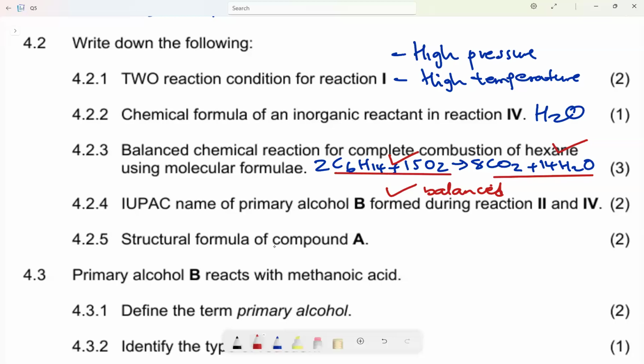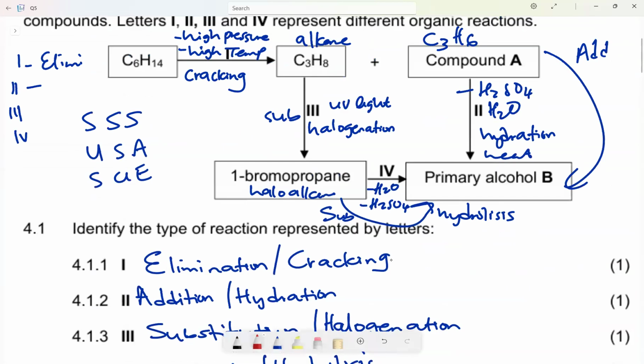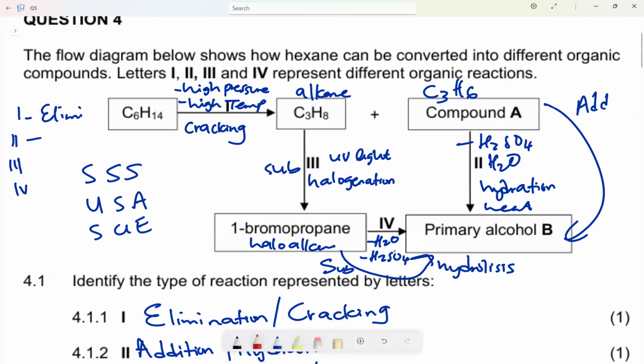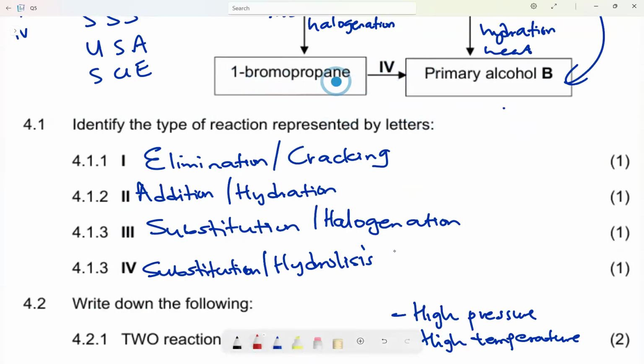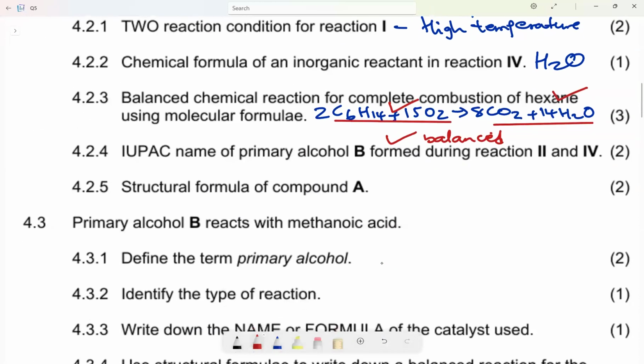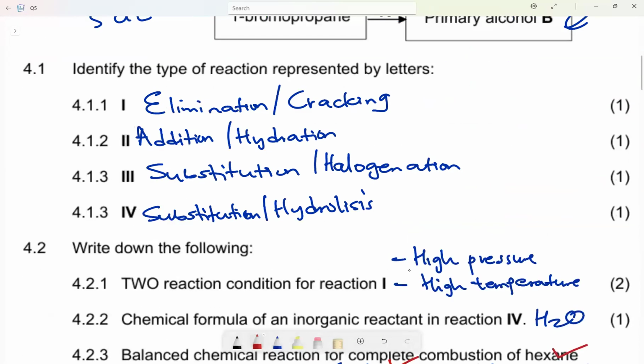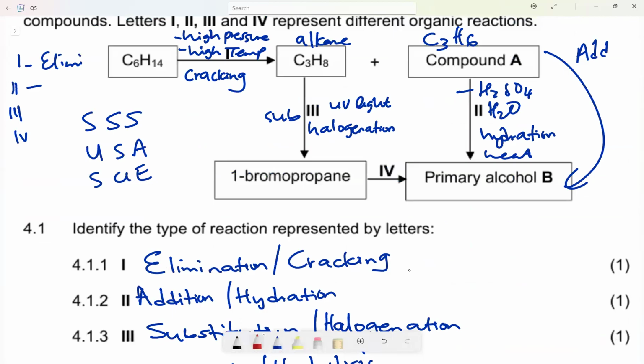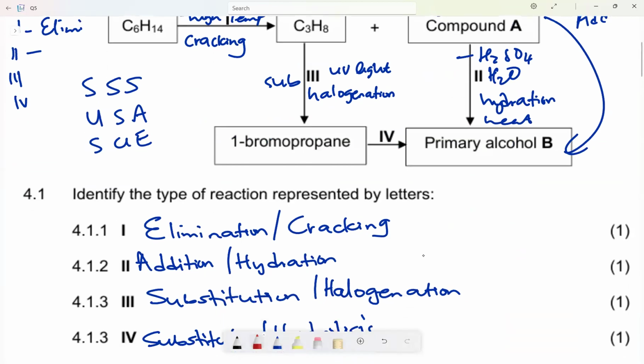IUPAC name of primary alcohol B formed during reaction 2 and 5. Here, they want to know the type of alcohol formed. So here we have 1-bromopropane. The IUPAC name of the alcohol.